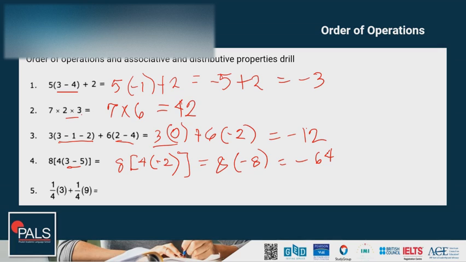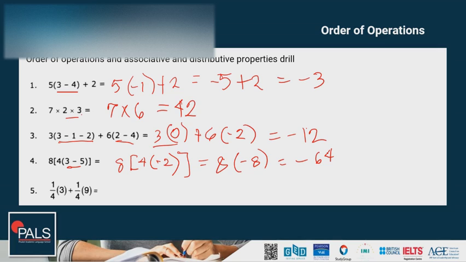Okay, number 5. 1/4 times 3 plus 1/4 times 9. There's no exact quarter of 3 and there's no exact quarter of 9. So it is quite complicated if you will be working with fractions compared to just a simple whole number. So we can apply the distributive property.